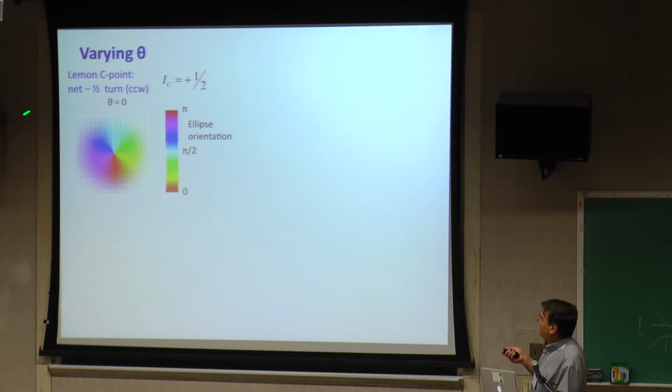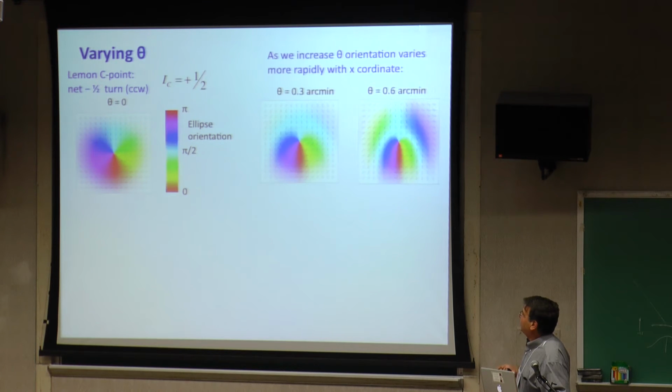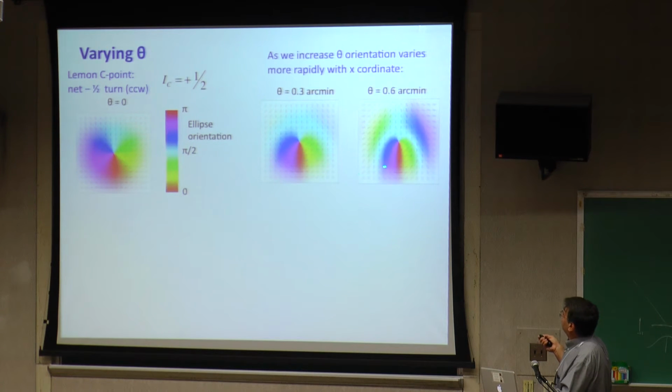Let's make one of these Poincaré beams, but now let's start getting them off alignment, that is, making them non-collinear. So then as you start increasing the angle very slightly, what starts to happen is that the rotation of the semi-major axis starts to increase by a lot along certain directions.